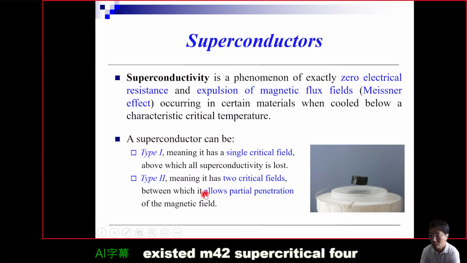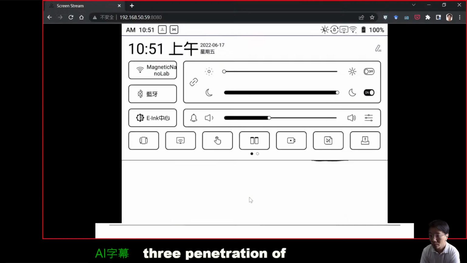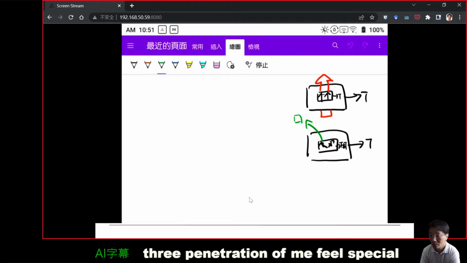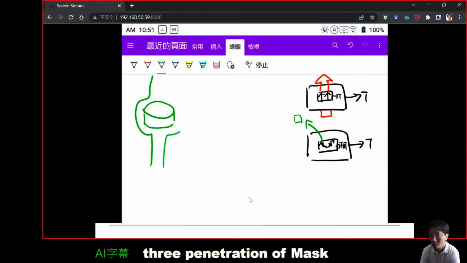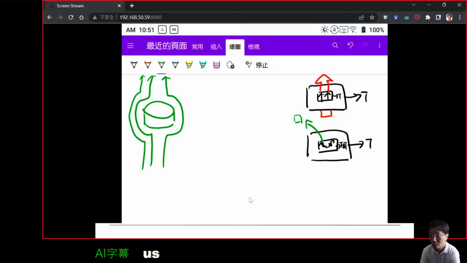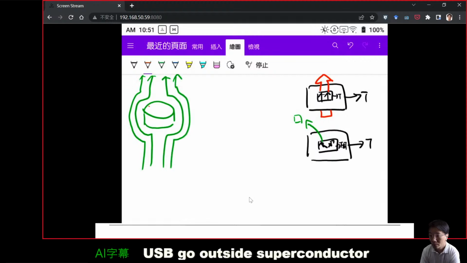In between, it allows partial penetration of the magnetic field. So let me make a sketch here. For a typical superconductor, any kind of magnetic flux will be repelled by the superconductor. So you will find the magnetic flux goes outside the superconductor. Okay, this is a superconductor.